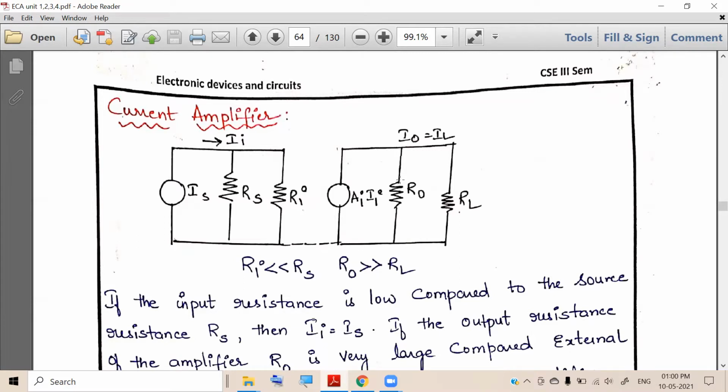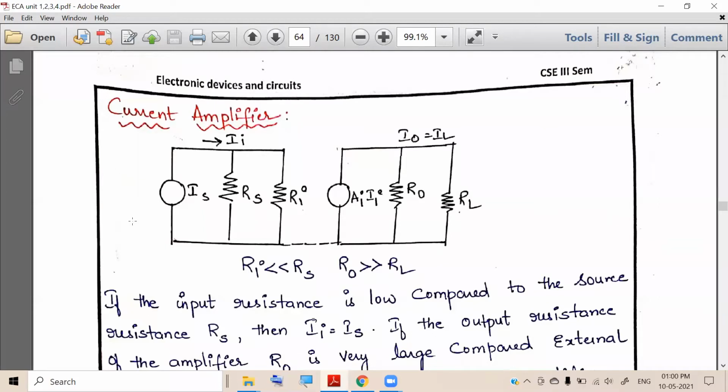So the condition for a current amplifier is: if the input resistance is much less than the source resistance and the output resistance is much greater than the load resistance, then that amplifier is called a current amplifier.